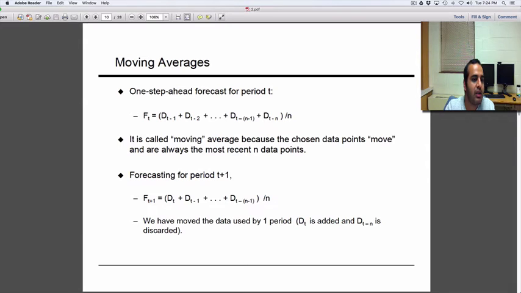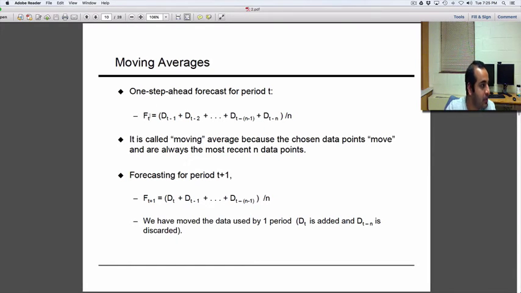For example, if you're at period d, you look at n data points that went from d minus 1, d minus 2 up to d minus n. Now if you want to forecast for the next period, d plus 1, you have one fresh demand data, dt, and you add that there and you drop the last observation.